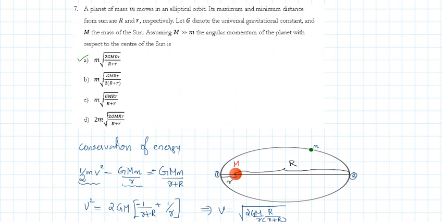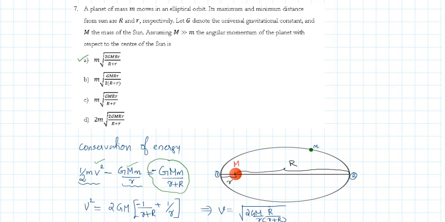The only thing we wanted to know is conservation of energy and the total energy of a planet in an elliptical orbit. This expression you have to know: minus GMm by (R plus r). This is simply the sum of kinetic and potential energies. So you can equate the total energy to the sum of kinetic and potential energy at any point on the ellipse.